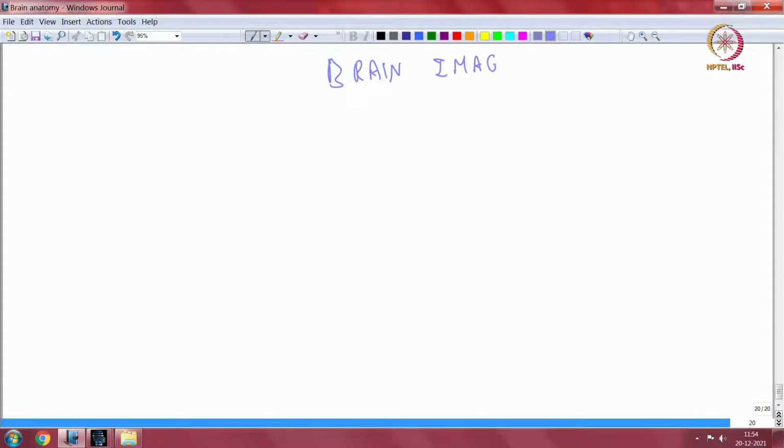Now we will start with a brief revision of some keywords. So, brain imaging. What I am going to discuss is going to be MR images because of its high resolution and popularity with students and for various kinds of research projects. So that's one reason why I am doing this.